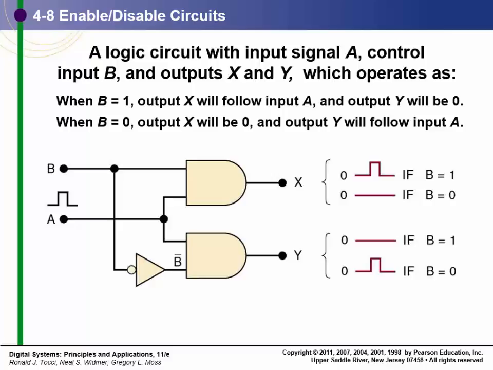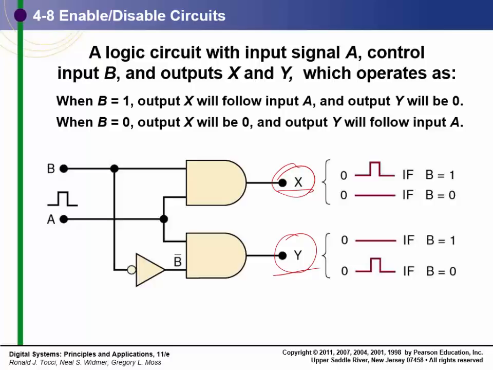So here we've got a logic circuit with an input A, controls B and X, which operates. The signal A is going to go, if B is high, the signal is going to come out here. If B is low, the signal is going to come out there.